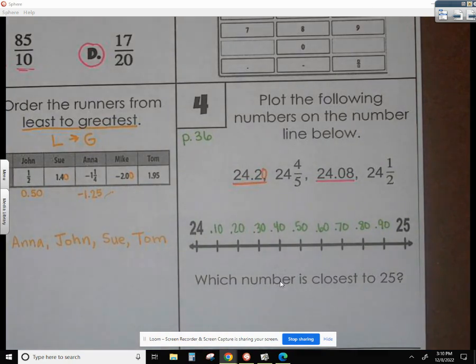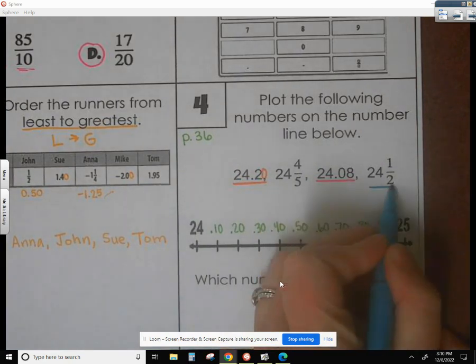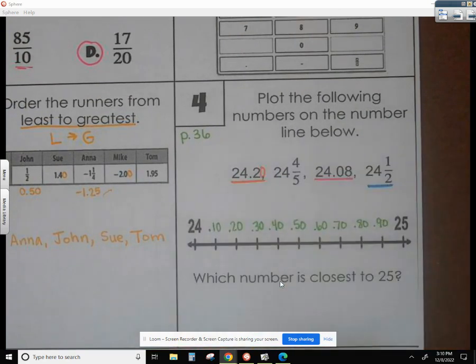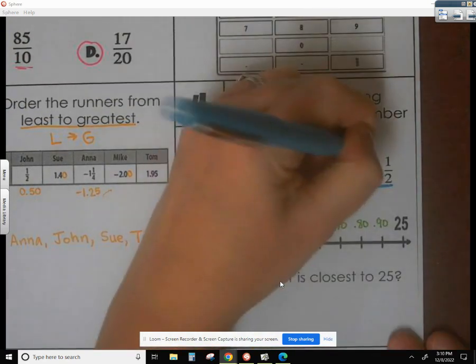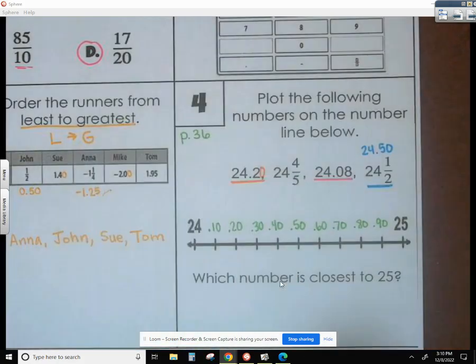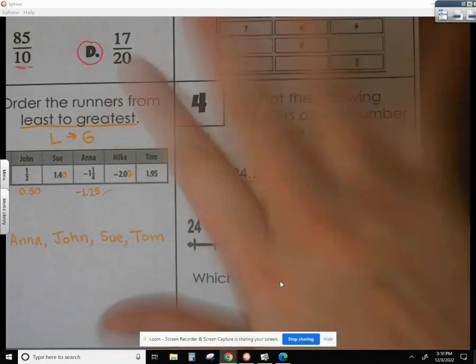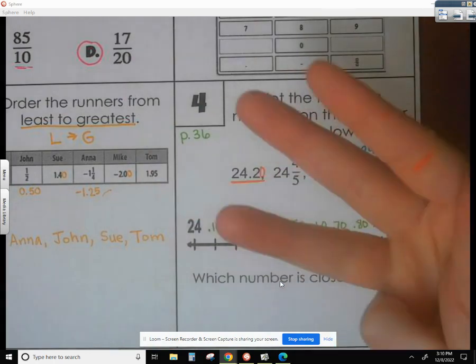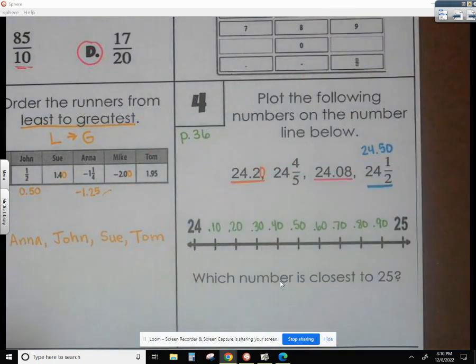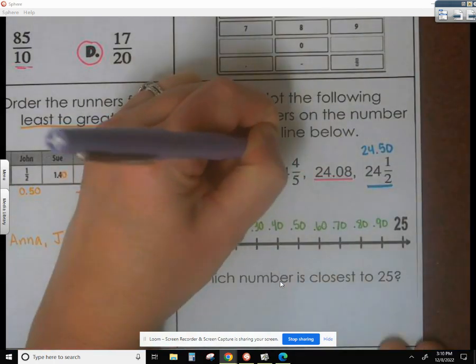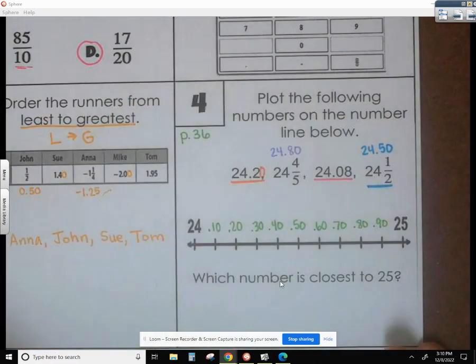I would think the next easiest one would be this one right here, because we know half of a dollar is 50 cents, so this is going to be $24.50. And then the last one, you could do Tybo on 4/5, top in, bottom out, or remember your fifths are like your fingers, 0.2, 0.4, 0.6, 0.8. So 4/5 is 4 fingers.